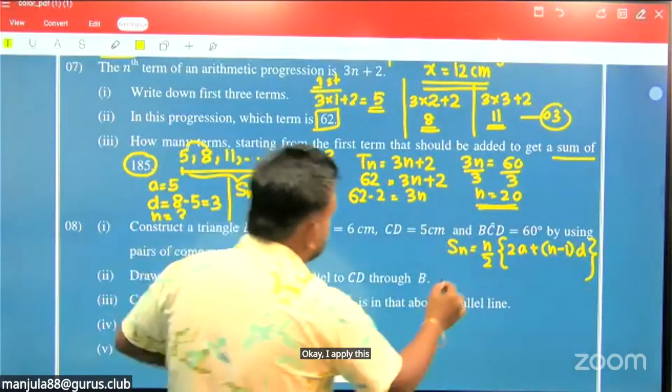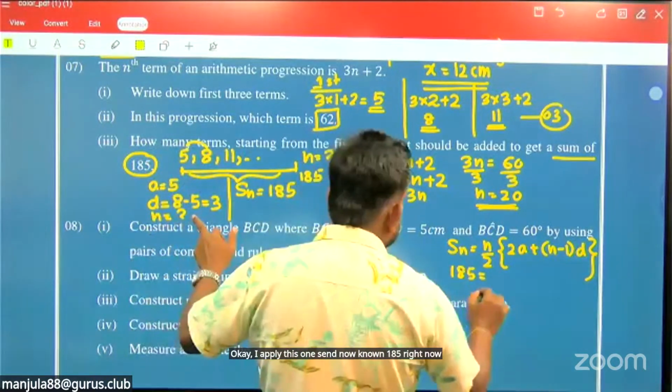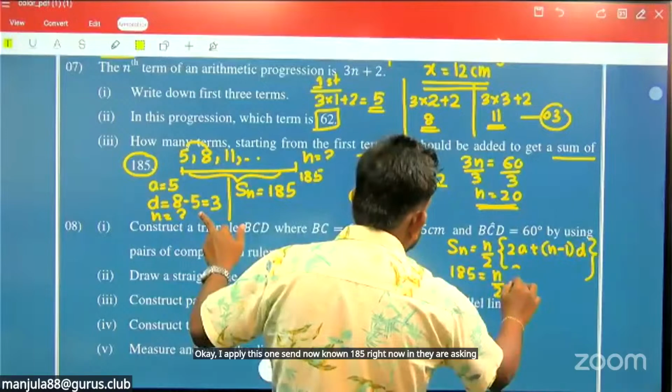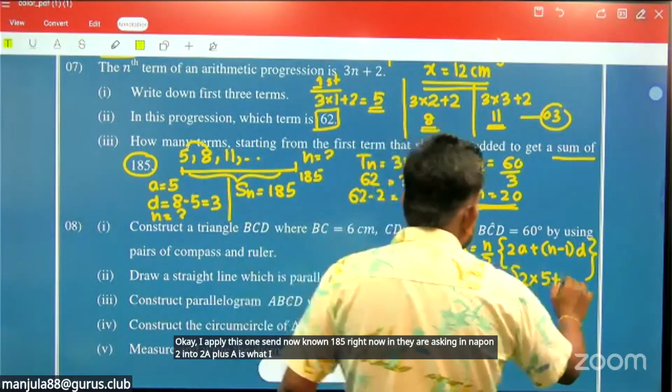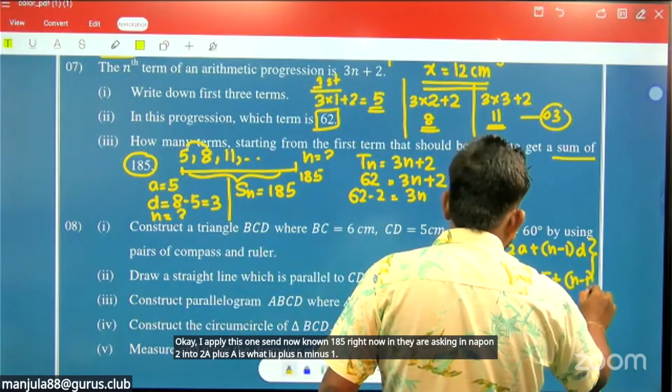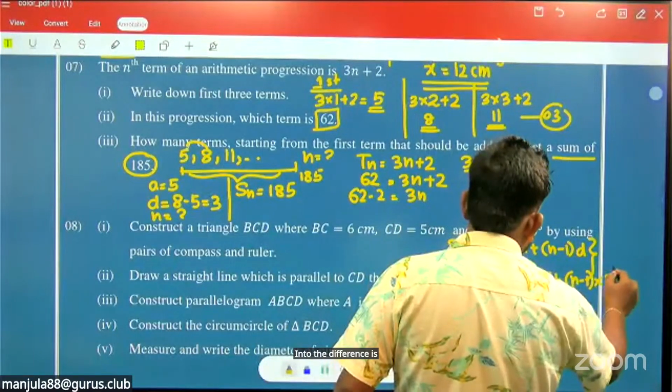Sn is now known, 185. So n upon 2 into (2a plus (n minus 1) into d), where a is 5 and the difference d is 3.